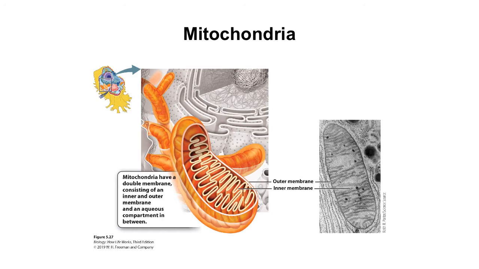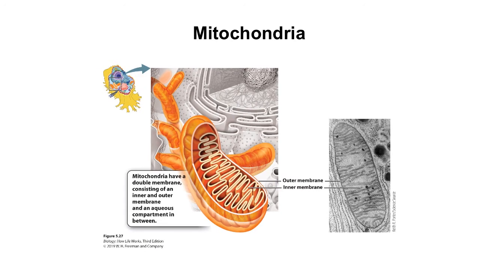They are present in nearly all eukaryotic cells. Not everyone, there are exceptions to the rule, but mitochondria, and this is a very important property, have a double membrane.